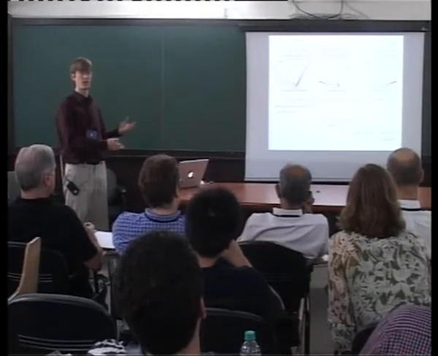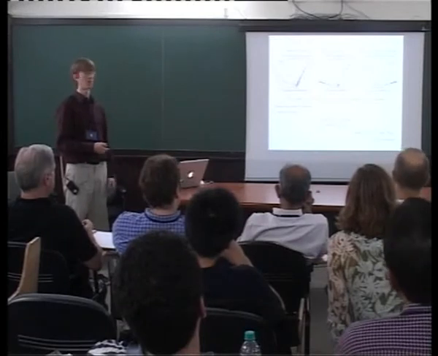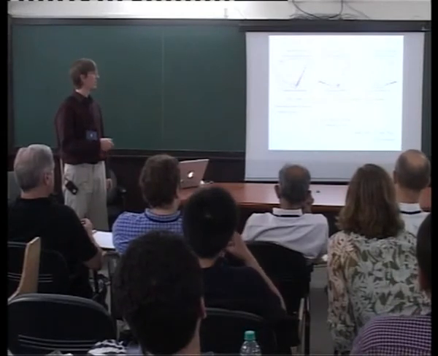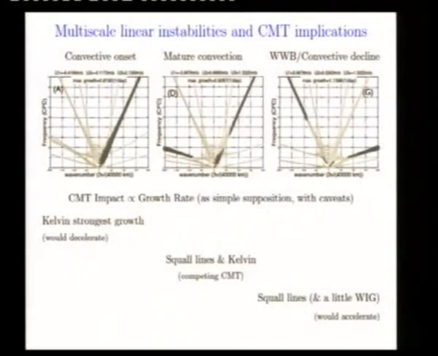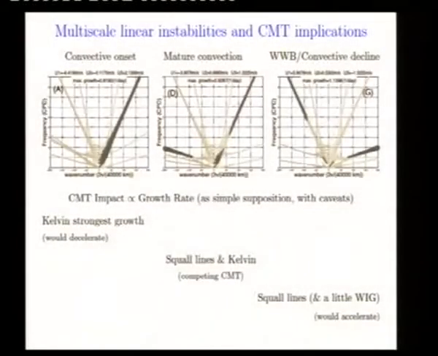So those two would have kind of competing momentum transport effects. And in this later stage, around the westerly wind burst time in the convective decline, it's these squall lines that have the largest growth rates. And those would tend to, if they're eastward propagating, accelerate that westerly wind burst. And we considered other cases in between these that are in the paper too.